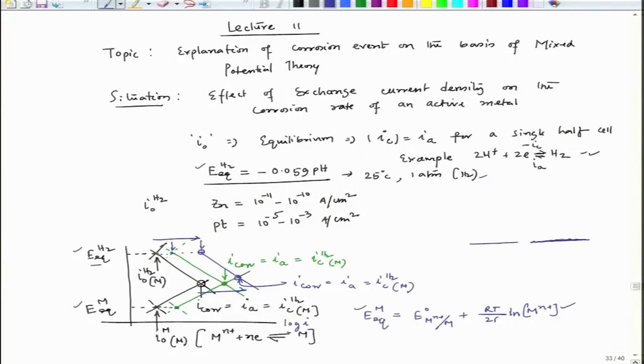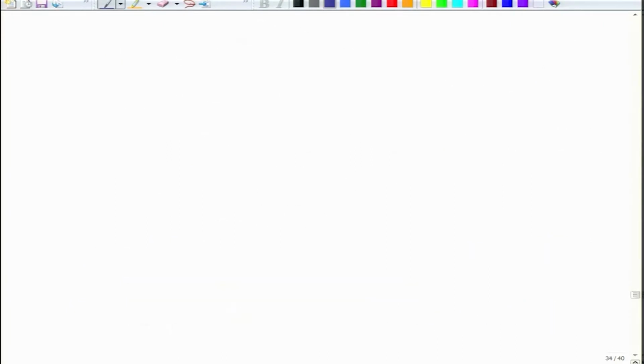Now, this is on the same metal, but many a time we can have a situation, for example, a galvanic coupling where both have the same area. So this is extremely important.